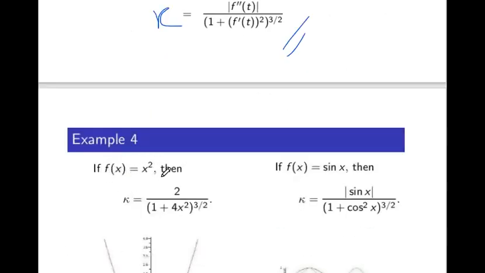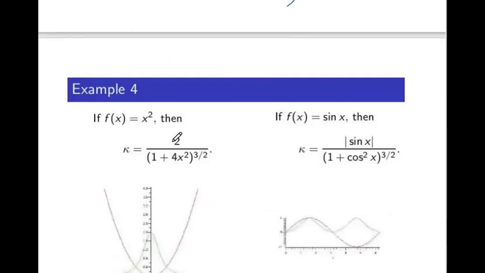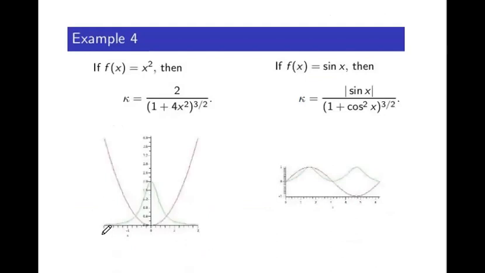So let's find the curvature. We apply this: the double derivative of x squared is 2, divided by 1 plus this one. This is how the curvature changes. You can see the maximum curvature of this function happens at around 0.